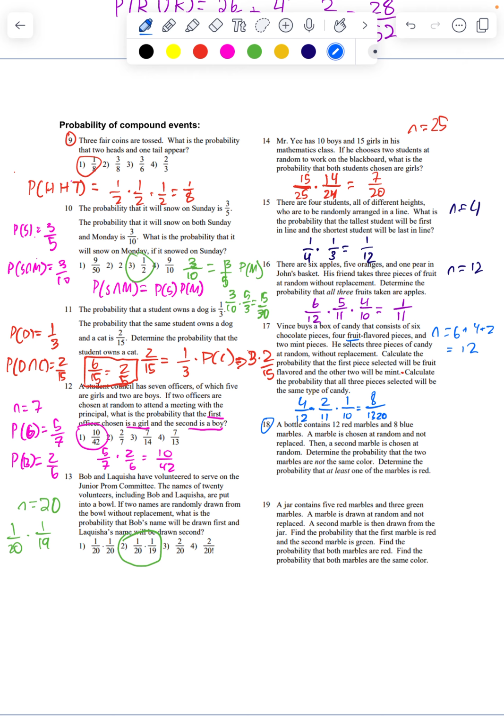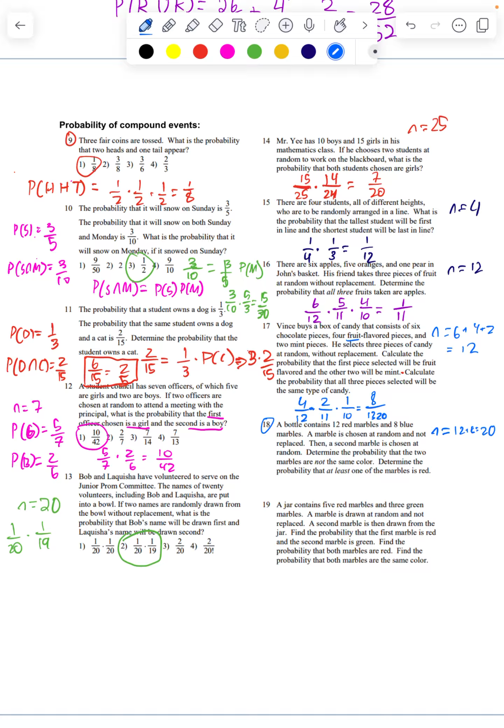Okay, all right. So let's get our n here. Our n is going to be 12 plus 8, which is going to be 20. And remember, we're doing this without replacement. So determine the probability that two marbles are not the same color.